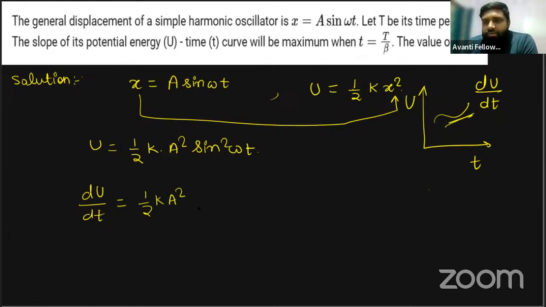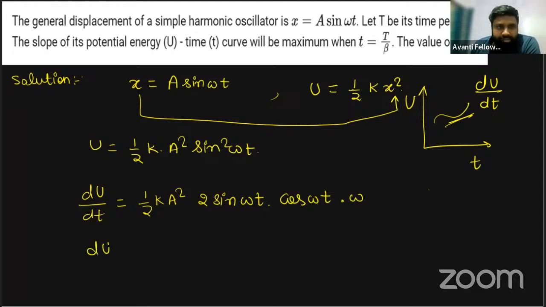Sin square omega t firstly will be treated as x square, and the differentiation of x square is 2x, which means 2 sin omega t. Now we have sin omega t as a function, and its differentiation will give you cos omega t. Now omega t itself is a function here, so when you differentiate omega t, it will give you omega.